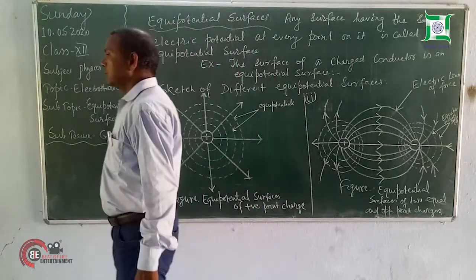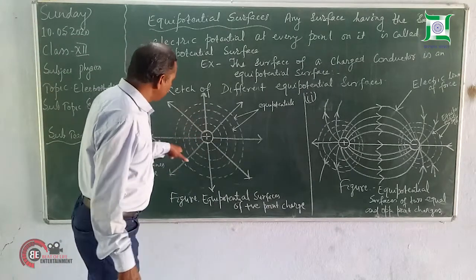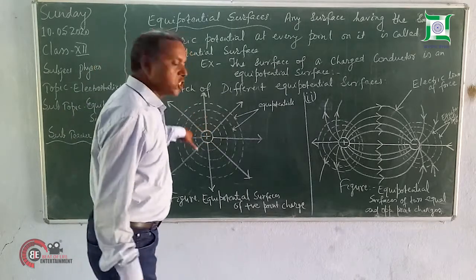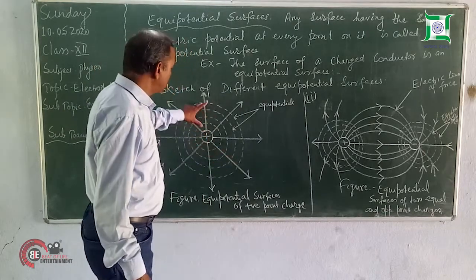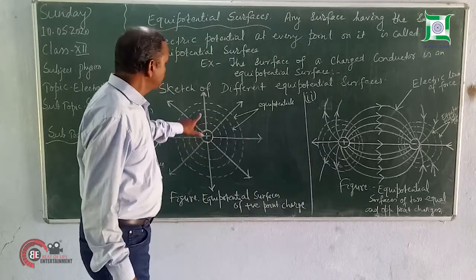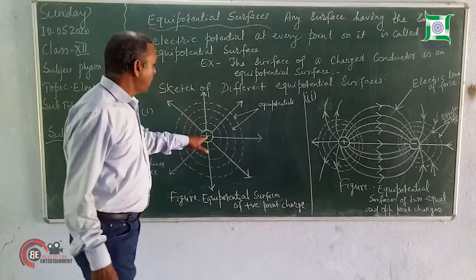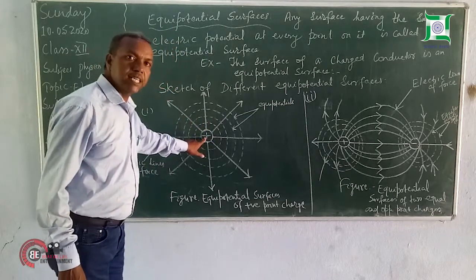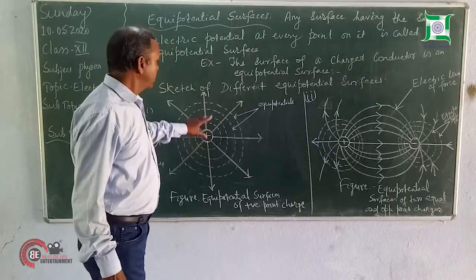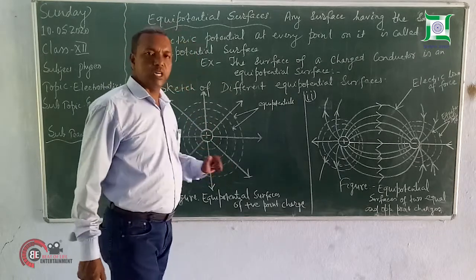They are concentric spherical shells having their centers at the positive point charge. So this is the equipotential surface of a positive point charge.